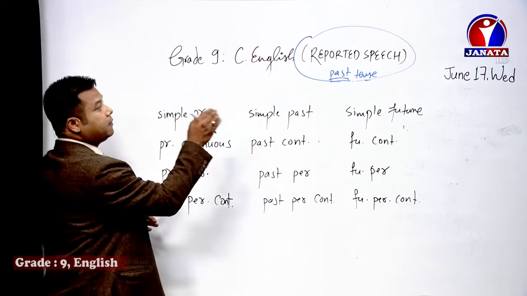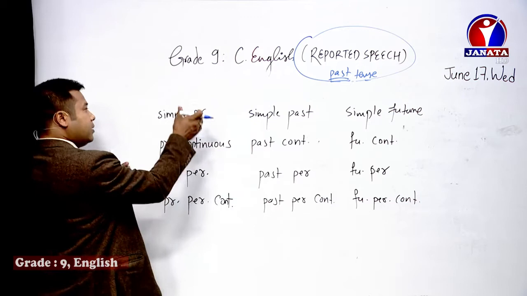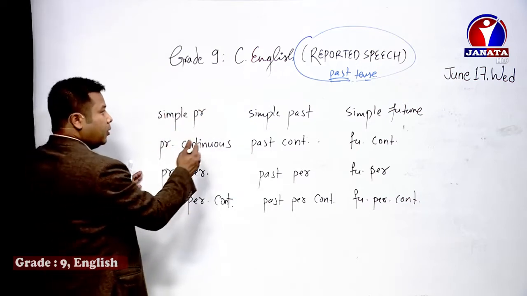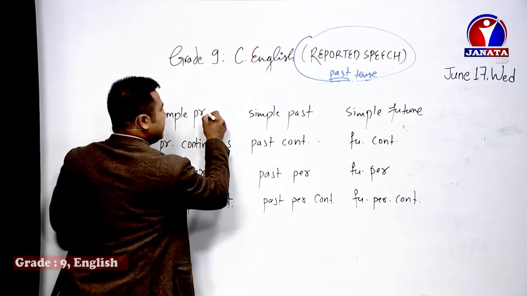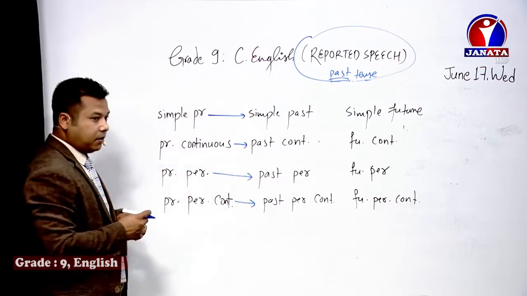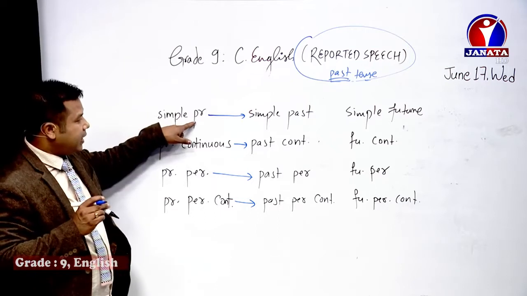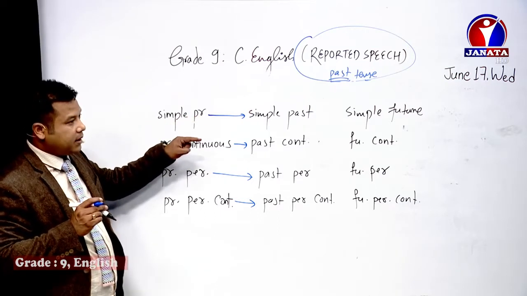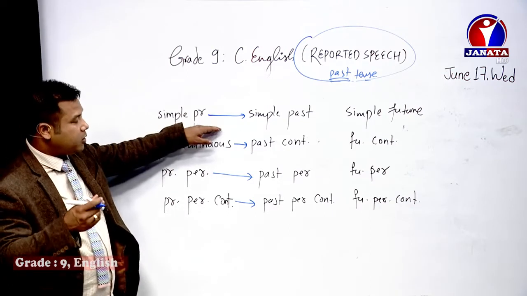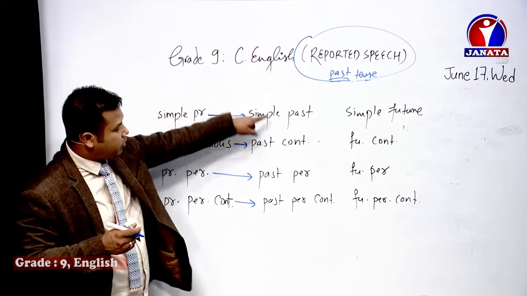If your reporting verb in the reported speech is past tense, and your speech is in these tense variations, I will simply make it easy by drawing these arrows. Now, what are these arrows? Let me explain that to you. Suppose your speech is simple present tense and your reporting verb is past tense. So when you transform it from direct into indirect speech, if your tense there is simple present, it changes into simple past.